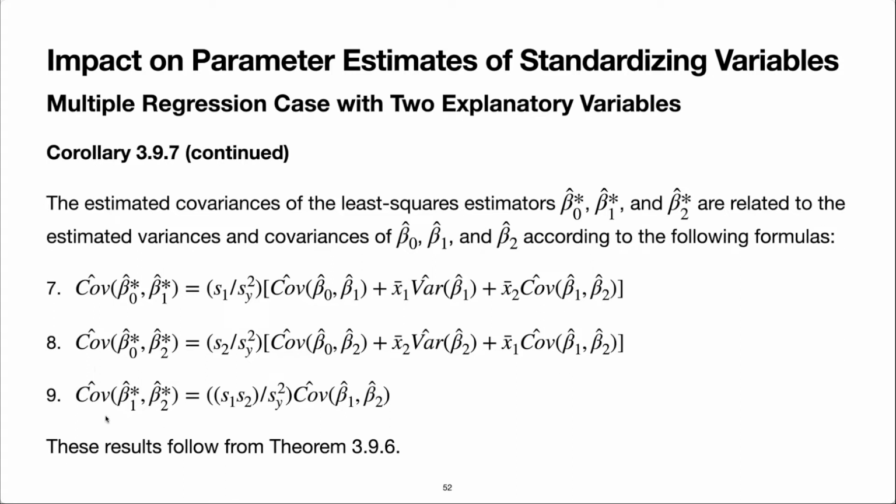And then finally, the estimated covariance of beta 1 star hat and beta 2 star hat is given by this expression, which involves the estimated covariance of beta 1 hat and beta 2 hat. Now, we're not going to prove these various results. They follow in a straightforward way by applying the previous theorem, theorem 396, to the linear transformations represented by the standardization here.